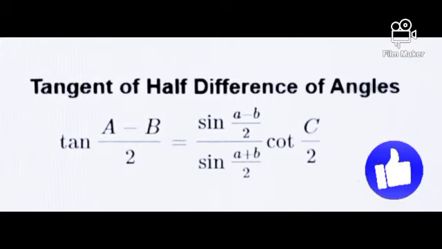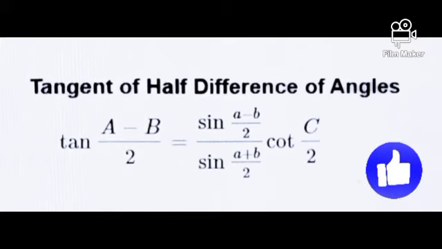If you want to write the tangent of half the difference of angles A and C, tangent of A minus C over 2 should be equal to sine of small a minus small c over 2 over sine of small a plus small c over 2 multiplied by cotangent of half the third angle, and the third angle will be angle capital B.